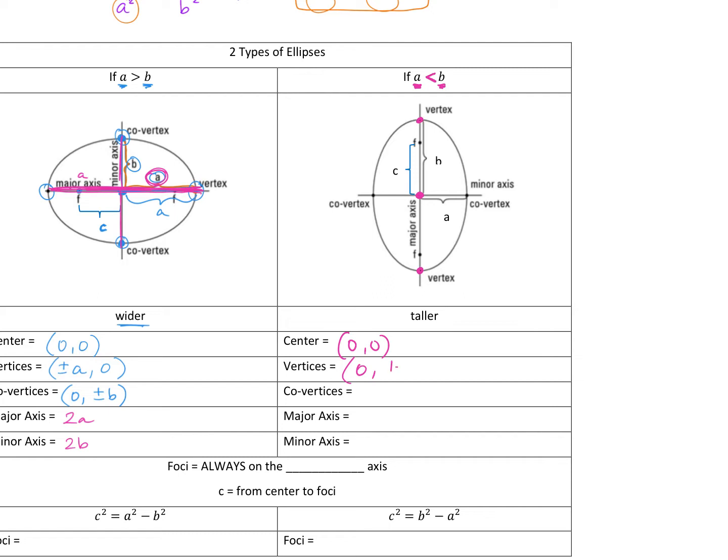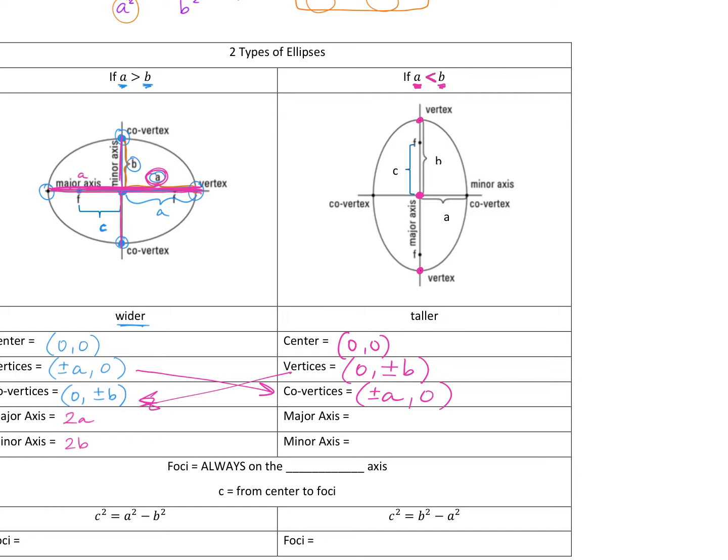That would be 0 plus or minus B. So notice the vertices on the one are the co-vertices on the other. So you've got to make sure you're paying attention to what direction it's going. So the vertices from the first one become the co-vertices from this one. So plus or minus A, 0 will be our co-vertices then.